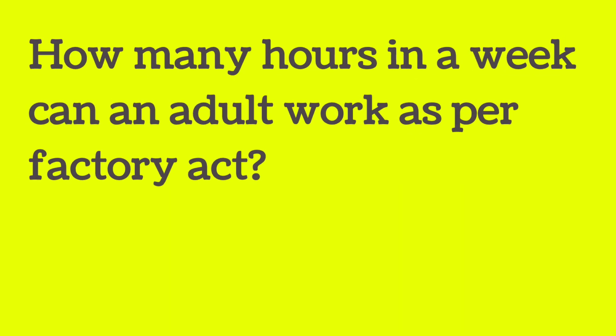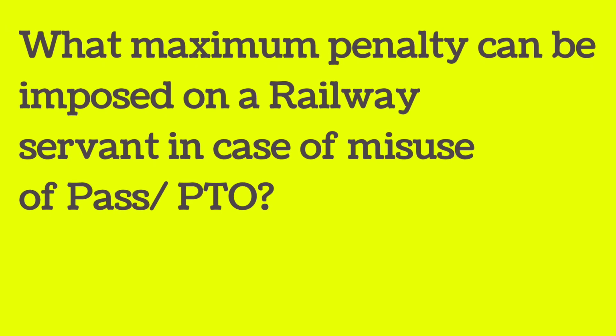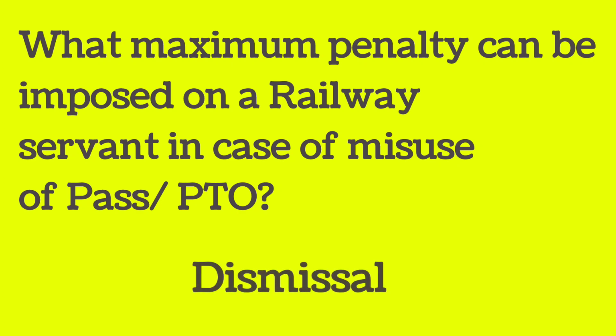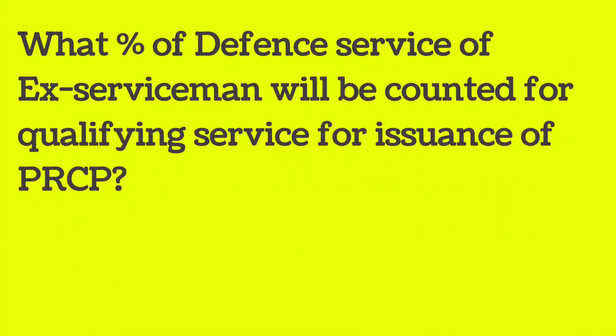How many hours in a week can an adult work as per the Factory Act? Factory Act 1948. For 1948, 48 is the clue. Per week 48 hours. What maximum penalty can be imposed on a railway servant in case of misuse of pass or PTO? Highest penalty, that is dismissal. What percentage of defense service of an ex-serviceman will be counted for qualifying service for issuance of PRCP, post-retirement complementary pass?